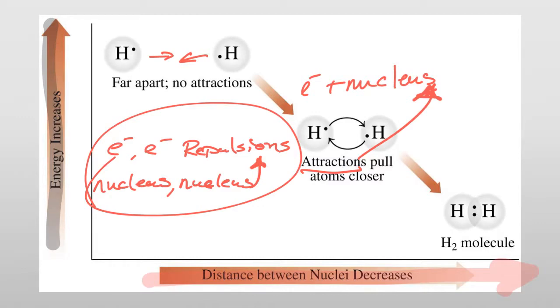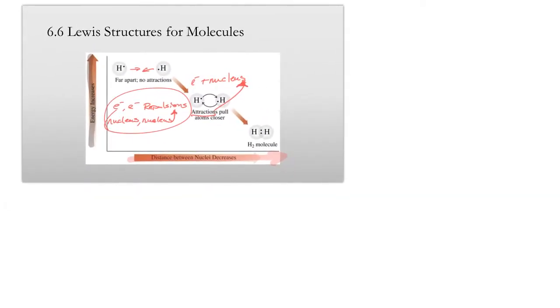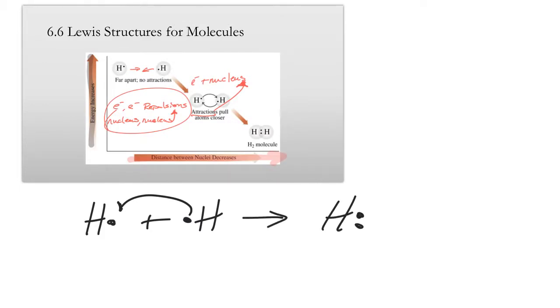Both hydrogen atoms need 2 electrons. They both only have 1. So what if we had this happen? What if that electron on the right just went over to there? You'd have 2 on that hydrogen, which would actually make it a negative charge, and then you'd have nothing on there, which would have a positive charge.